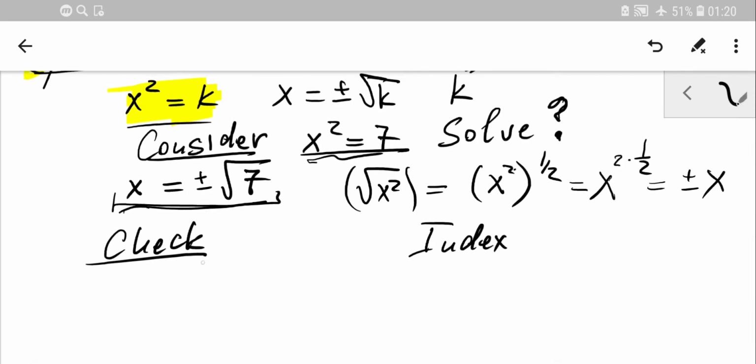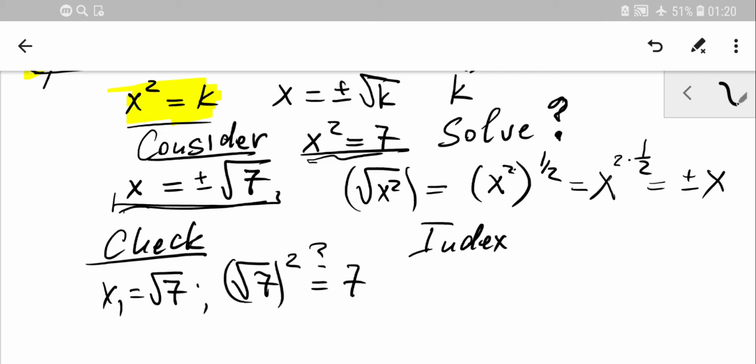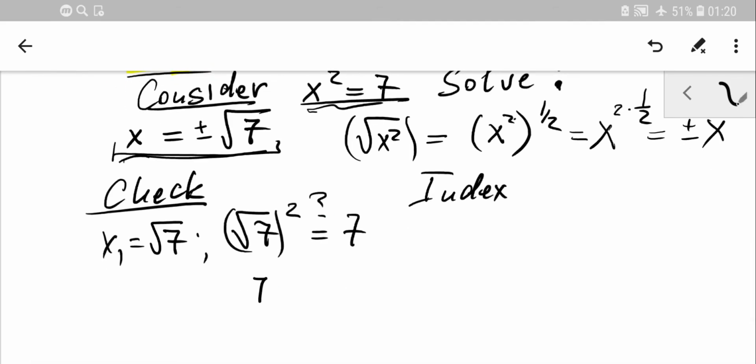We simply take the square root of 7, positive, and square it up. First we check x1 equals square root of 7. We take the square root of 7 and raise it to the power of 2, and finally we need to get 7. Is it 7? Of course, yes, because we apply the power 1 over 2 and then square, which is 7. So 7 equals 7, that's correct.